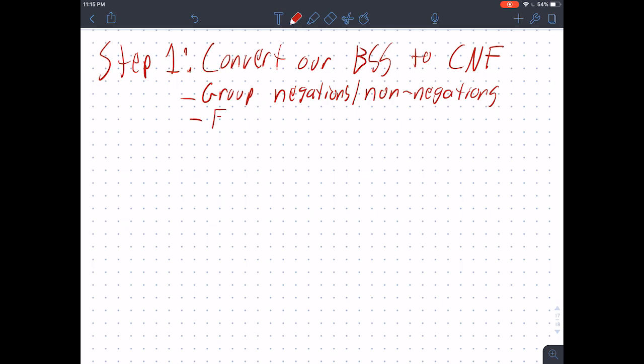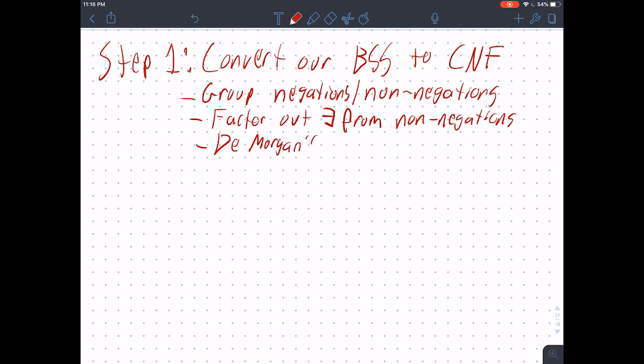We factor out the backwards E from non-negations. And we use De Morgan's law to factor out the negation sign from negations.